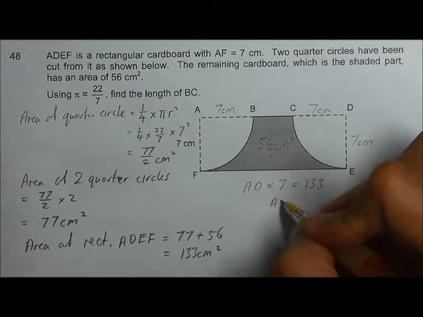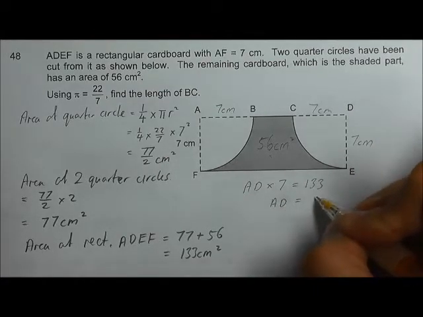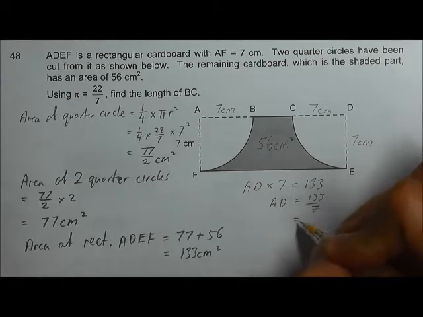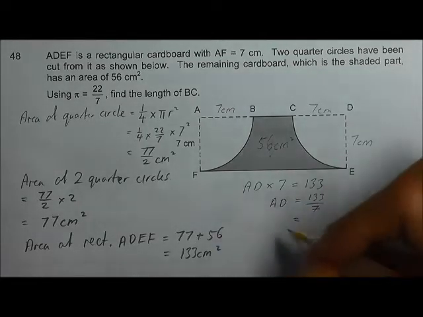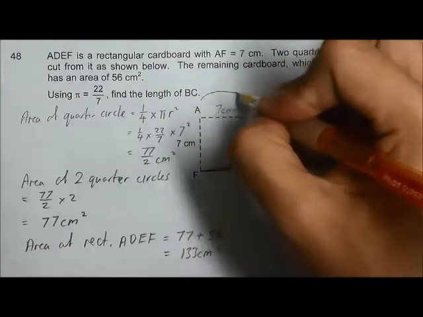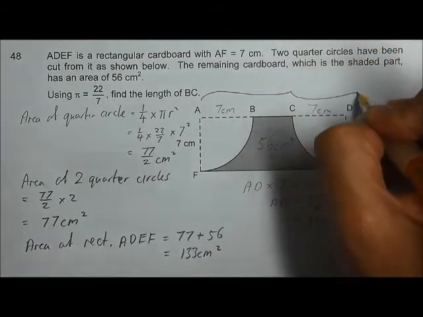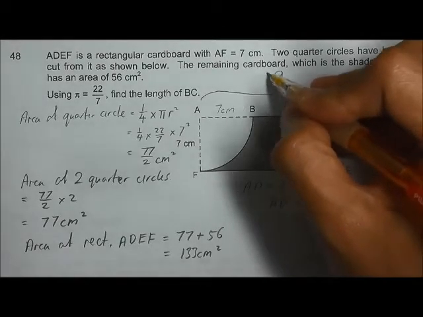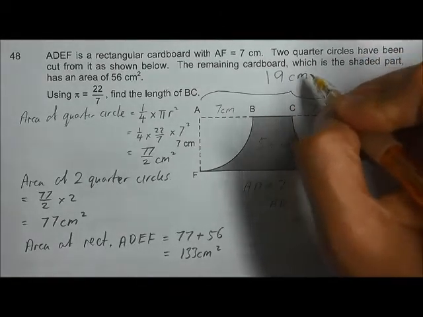So AD in this case is equal to 133 divided by 7. That will give us 19 cm. So this entire length here is 19 cm.